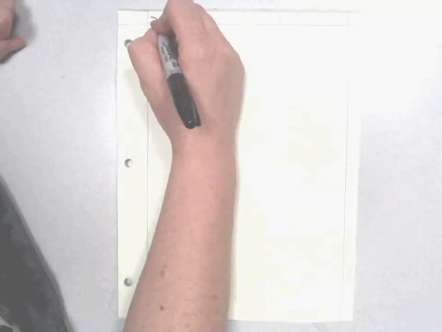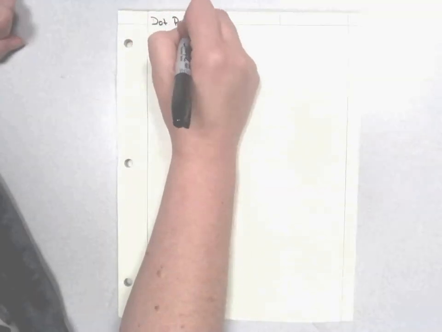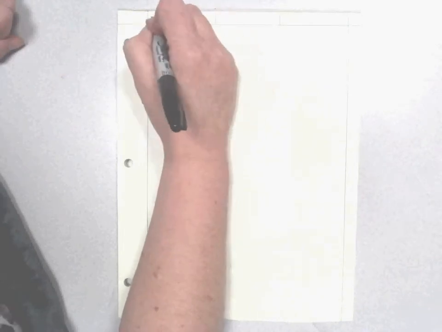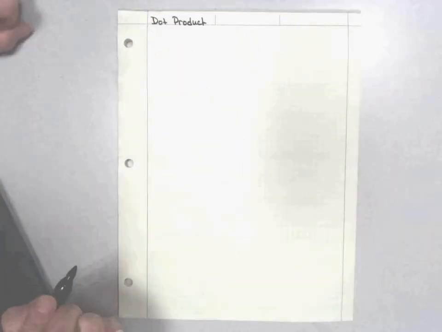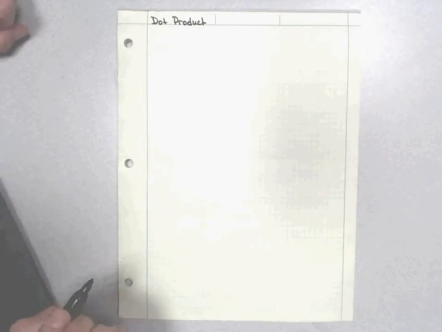Okay, let's discuss the dot product. The dot product is an operation that is performed between two vectors, and the reason we do a dot product is to get the angles between those two vectors. Okay?